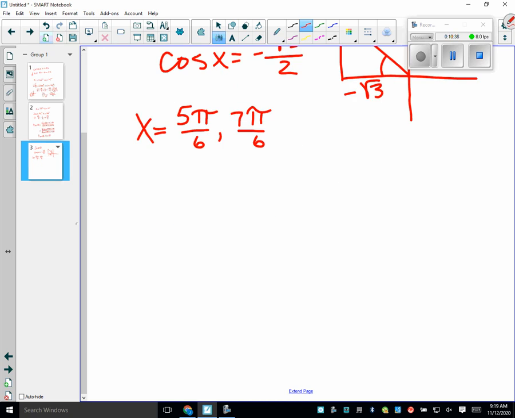Okay. What if I have sine of x equals radical 2 minus sine of x? What should I do? To get the sine of x's together. Okay, how? You add sine of x to sine of x.